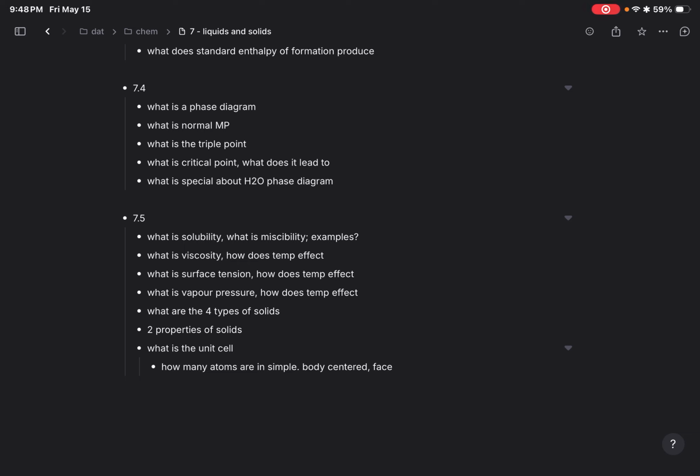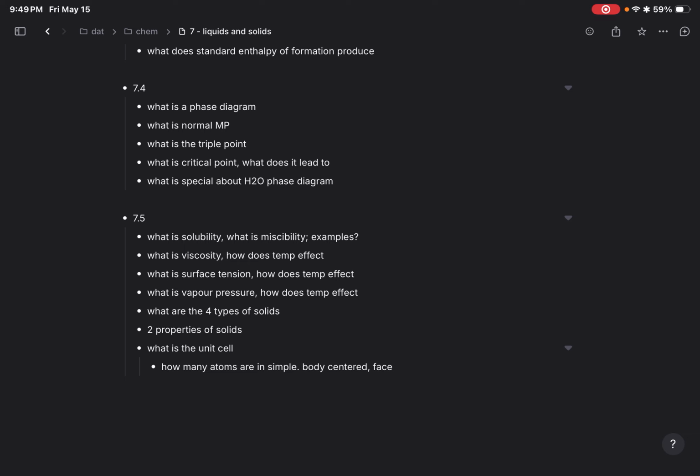So therefore, it is a direct relationship compared to the inverse relationship in surface tension and viscosity. Similarly, if you reduce temperature, you're going to have less molecules moving out from the liquid to gas. So then you're going to have less gas molecules, and therefore you're going to have a lower vapor pressure.